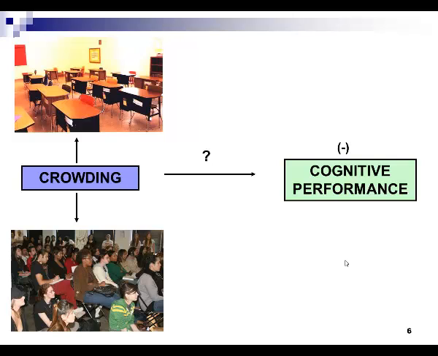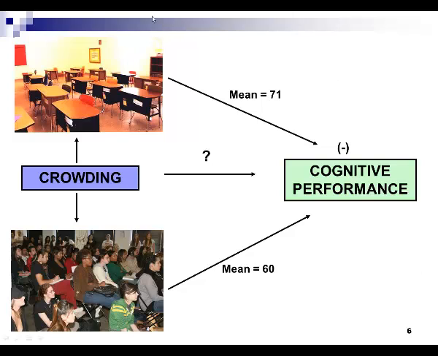So we're going to manipulate the variable crowding, where there is no crowding or little crowding and lots of crowding. And let's say it's just some sort of task where we ask people to memorize something and to recall some information, and people in the uncrowded or less crowded condition have a mean performance of 71, versus 60 over here.